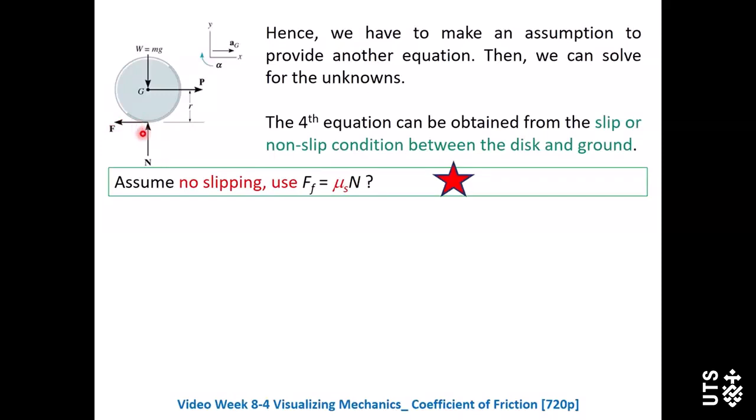Normally, firstly, we assume no slipping occurs. Now if no slipping occurs, if we know the static friction coefficient mu s, can we use mu s times N to express the static friction force between this rigid body and the ground?